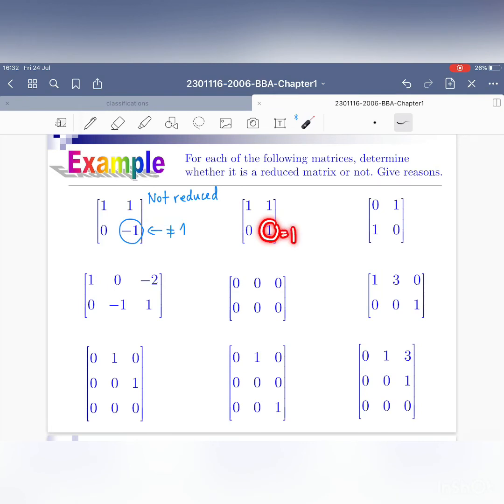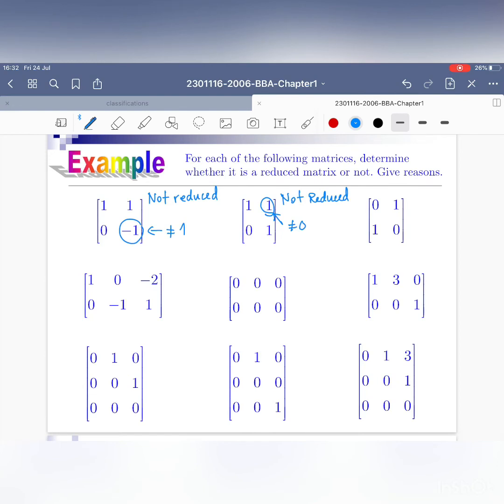It is 1, okay. But then the rest in that column must be 0. This one is not. Then again, this is not a reduced matrix. Why is that? Because this one is in the same column of the leading of your second row, but this one is not 0, so this is not reduced.